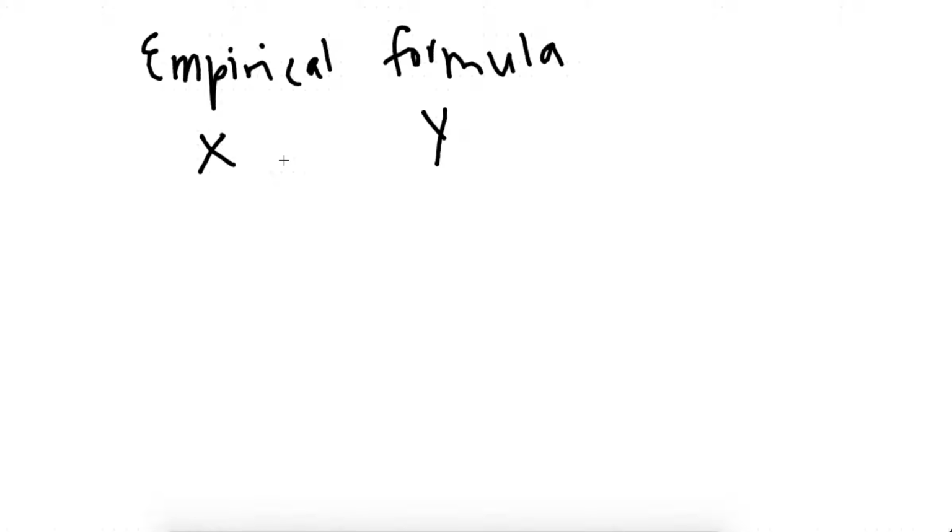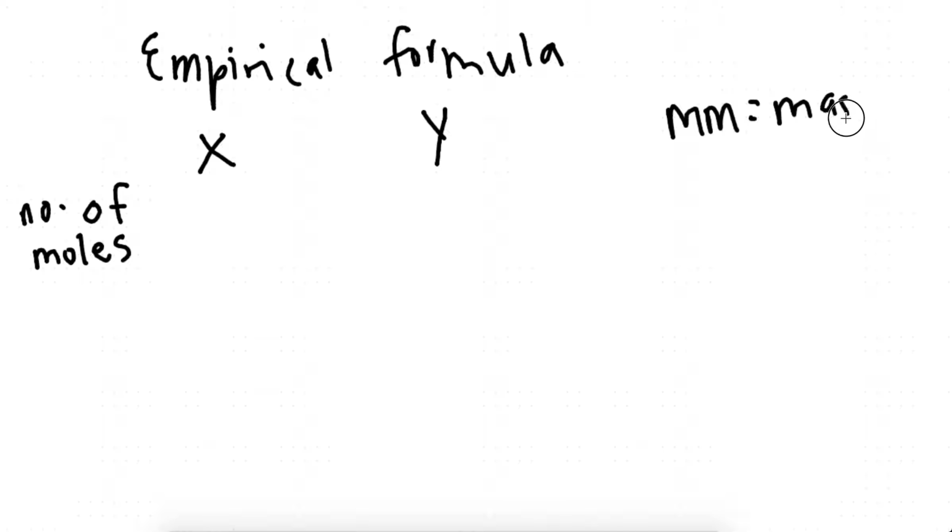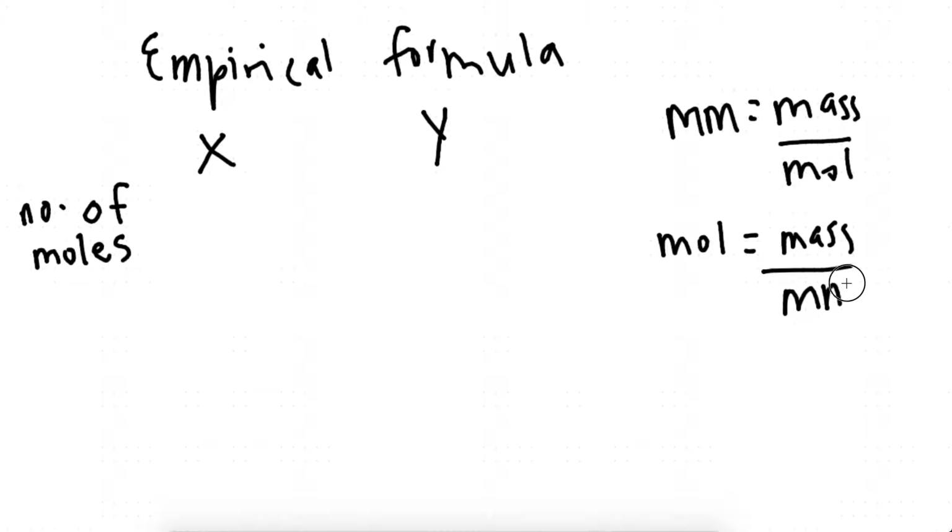The next step is we need to get, remember the link guys, the link in chemistry, the number of moles. How do we get the number of moles? Let's think about this. Molar mass equals mass over mole. So mole equals mass over molar mass.